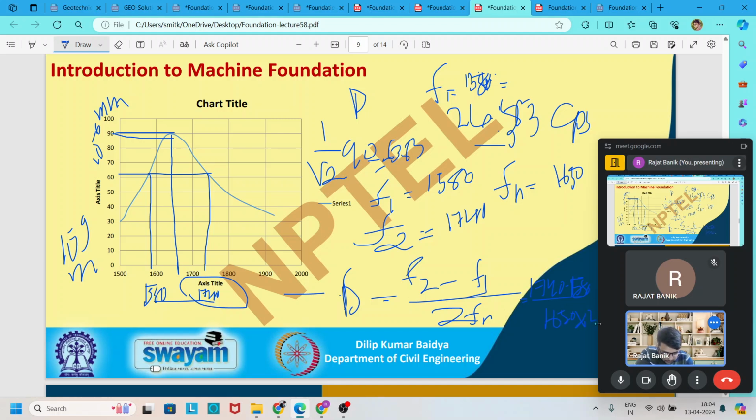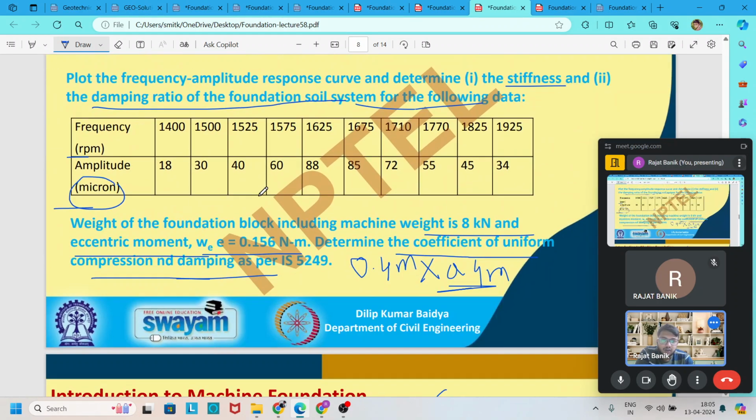So it is (1740 minus 1580) divided by (1650 into 2), which is equal to 0.05. So we say 5%. Our damping ratio is 5%.